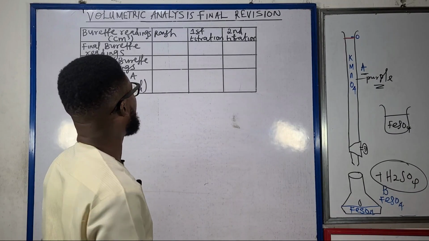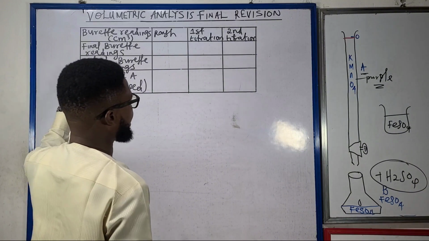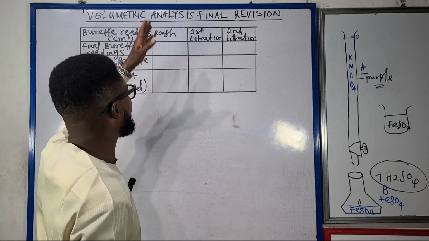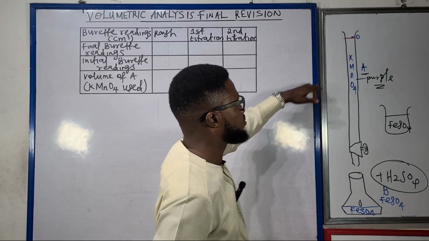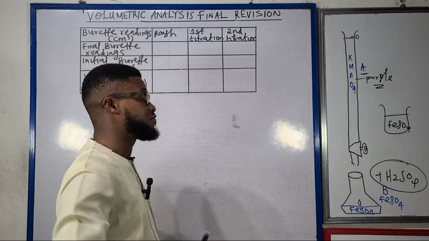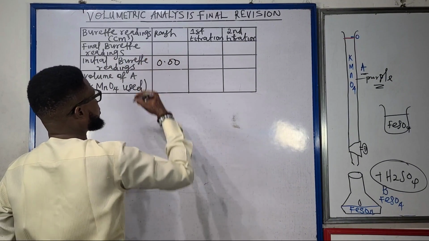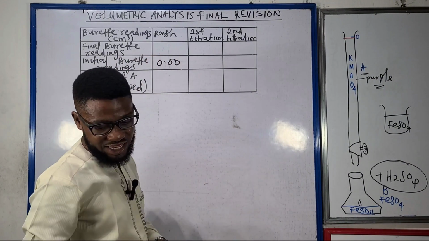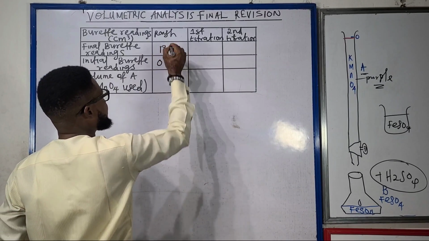So in constructing our titration table, the first thing we're going to have is the rough. We are starting from 0.00 here based on the experiment performed already. Initial is at 0.00, and this stops at 18.30.